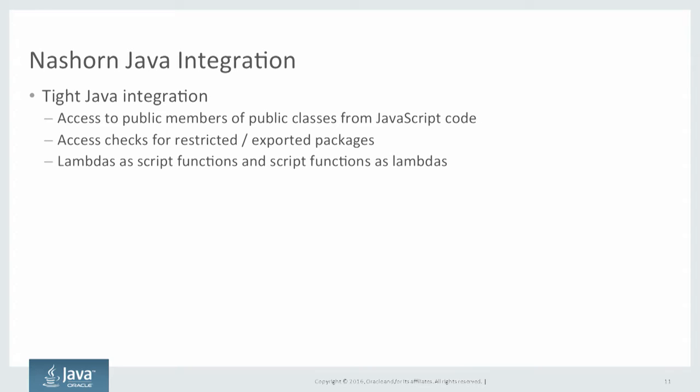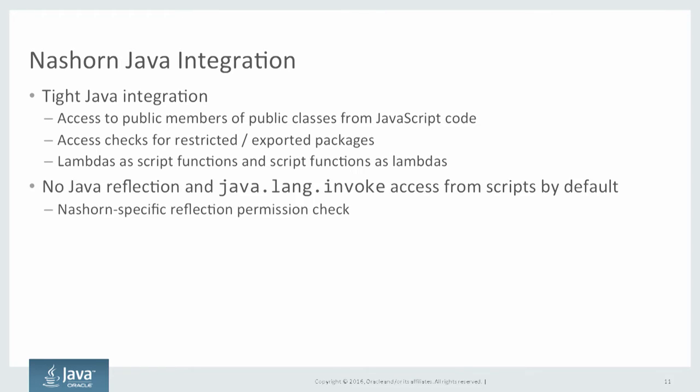So if you invoke from JavaScript any Java method that accepts a lambda, then you can pass a JavaScript function in that place. Reflection is impossible. It's not possible to access the java.lang.reflect package from within JavaScript. The same is true for java.lang.invoke. No method handles. This serves security purposes.